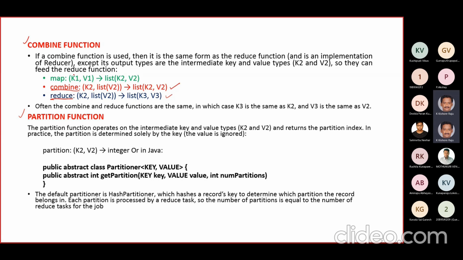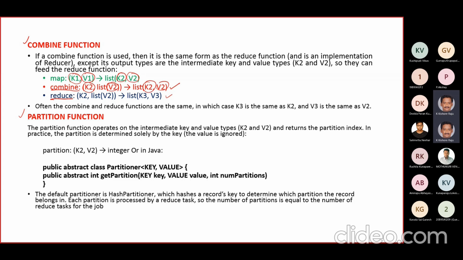Okay, so if you observe here, K1 and V1 are the input and K2 and V2 are the output of the mapper, and the combiner will take these as input and generate a list of K2 and V2.